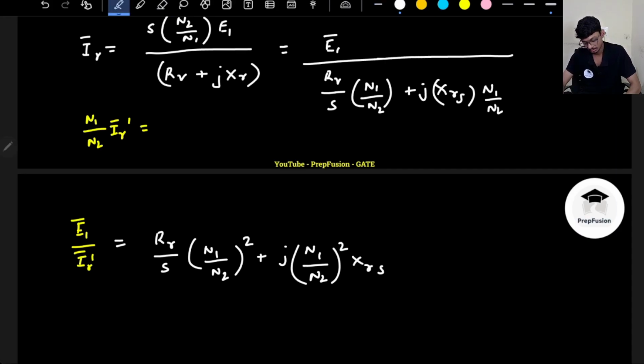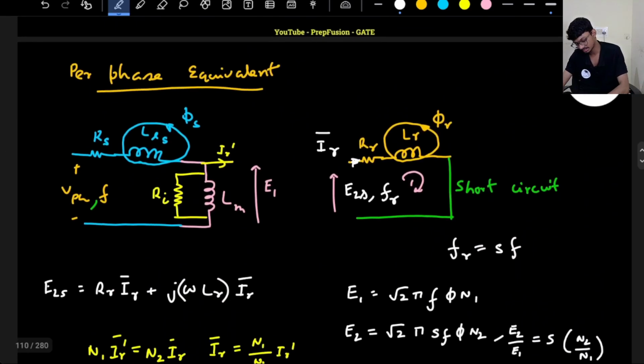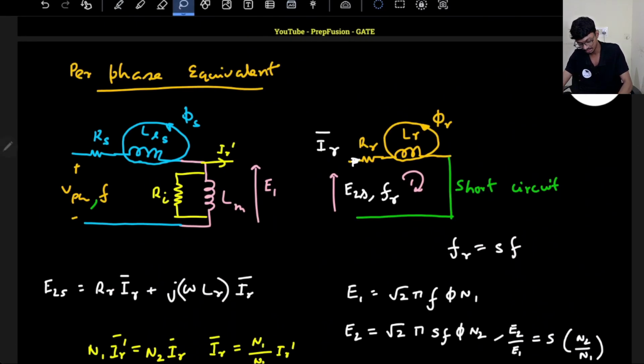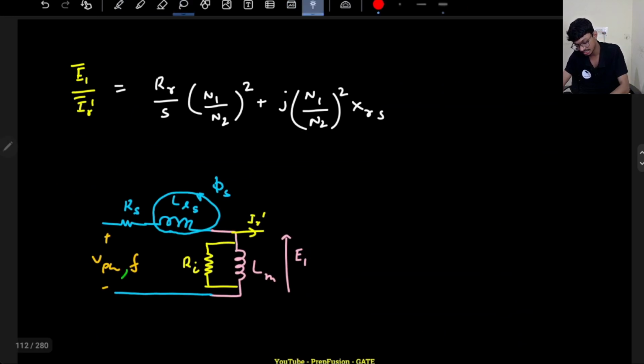Okay. So from here I can actually draw the equivalent circuit. All this will be present on the left hand side. On the right hand side, a resistance whose value is not just RR into N1 divided by N2 whole square. It is basically RR divided by S. This S has a significance. We will discuss that.